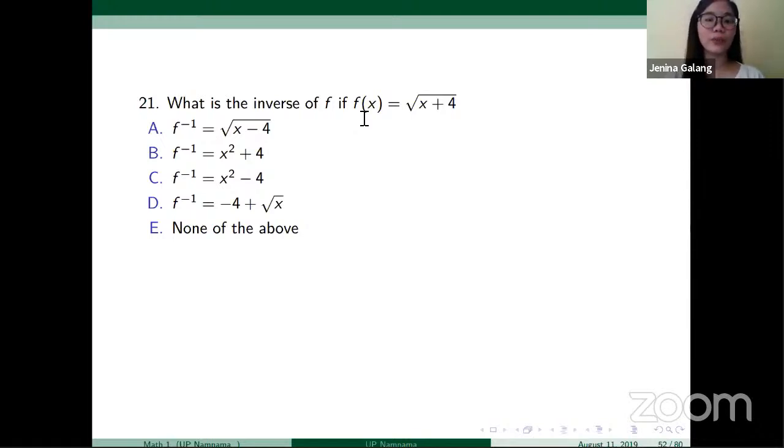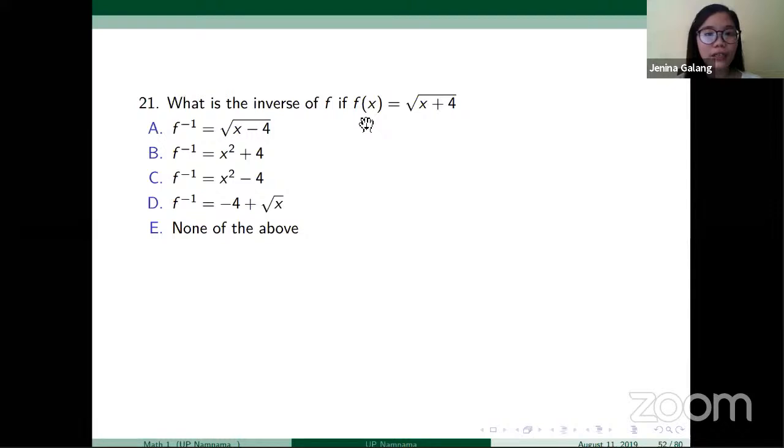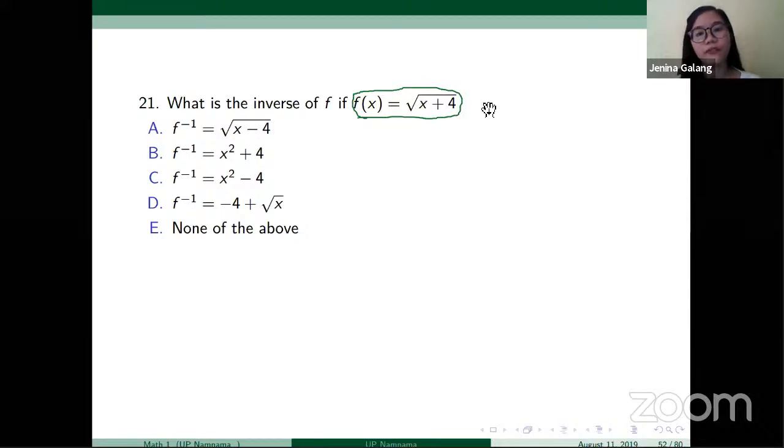So kapag hindi one-to-one yung function natin, ibig sabihin nun walang inverse yung function natin. So dito, check natin na this is one-to-one since we have a square root function.